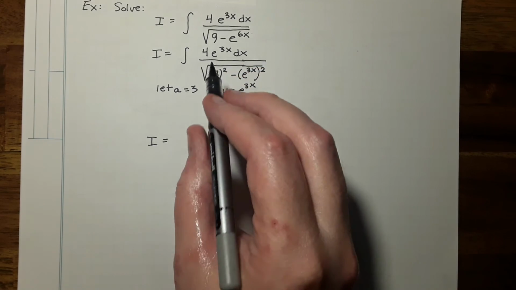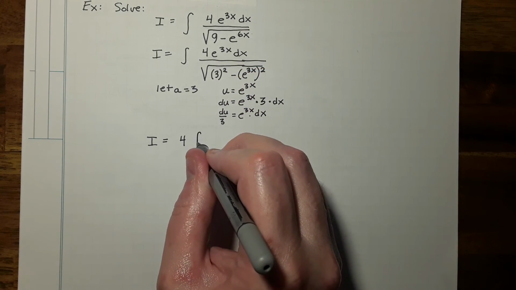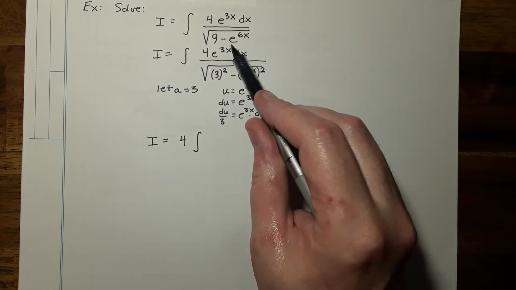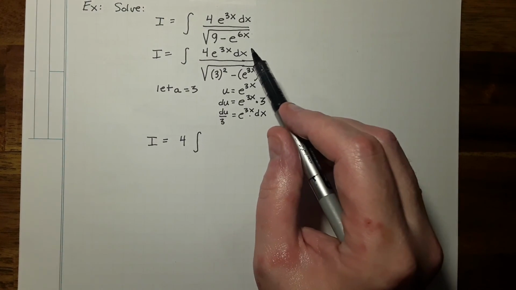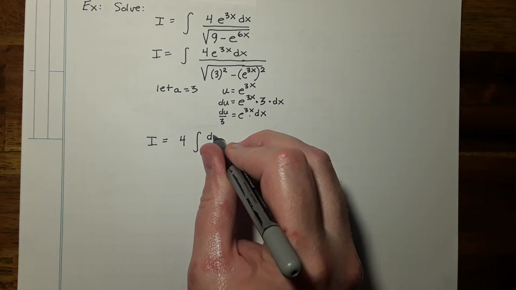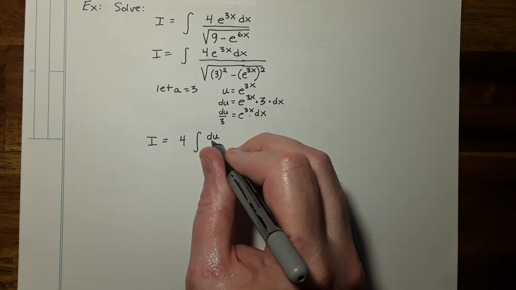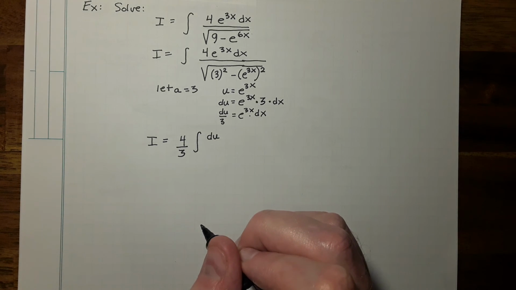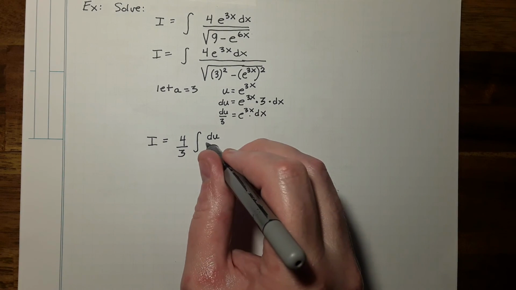So, the multiplied factor of 4 can come out front of the integral. Inside the integral, in the numerator, e to the 3x dx is replaced with du divided by 3, and the divide by 3 can propagate out front because it's a multiplied constant.